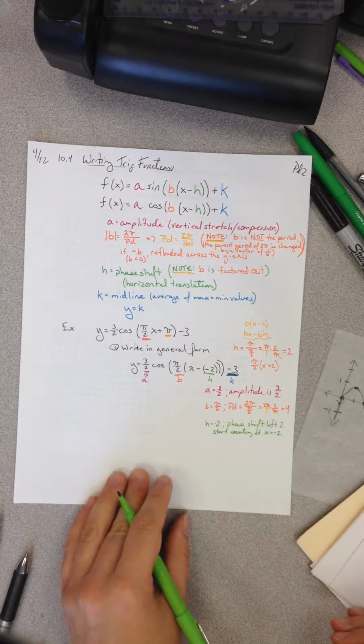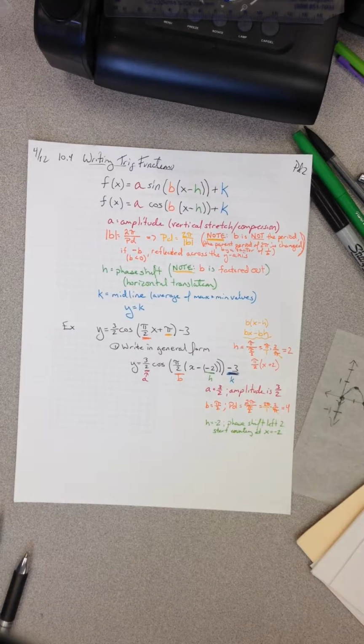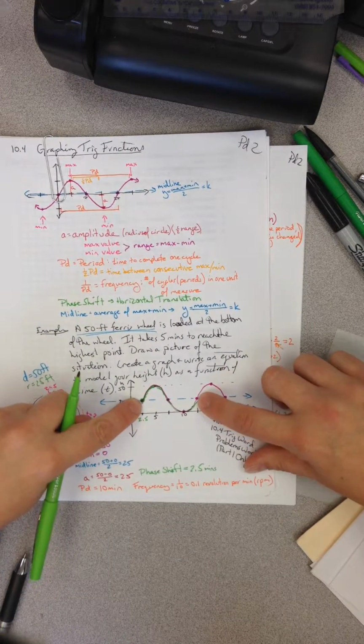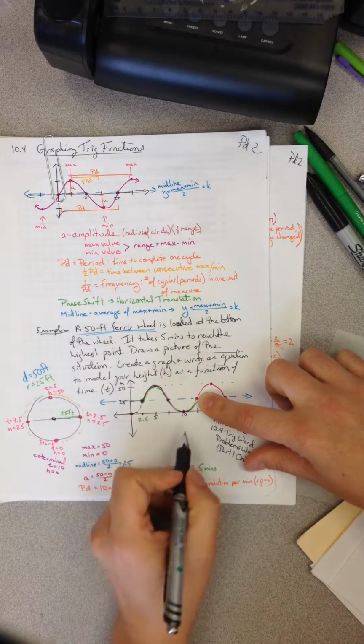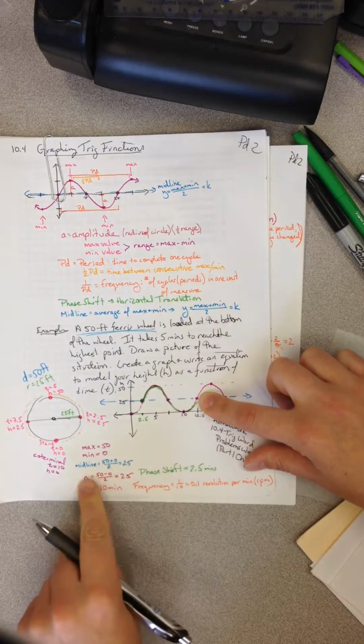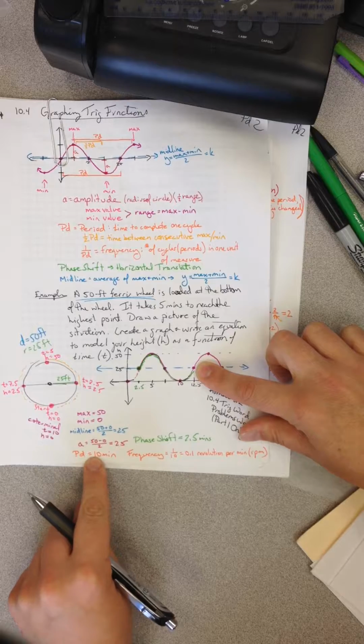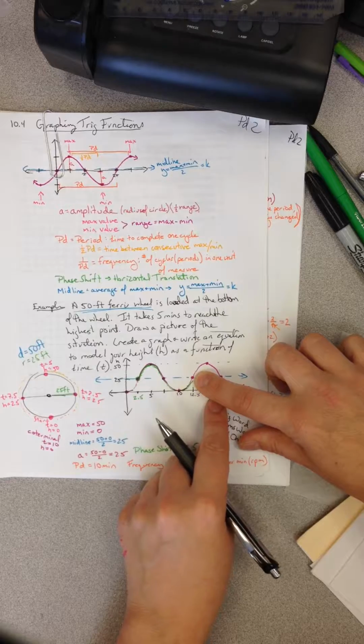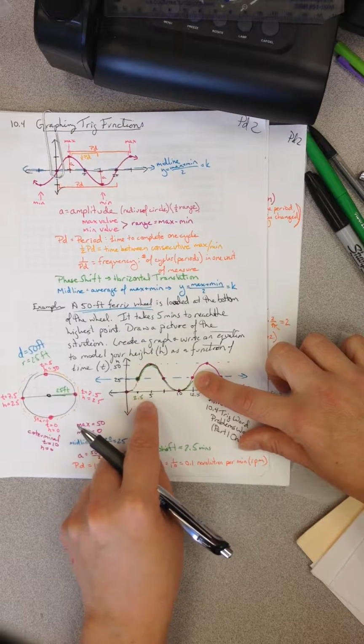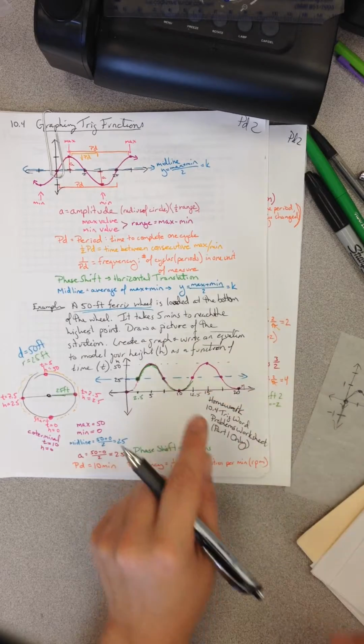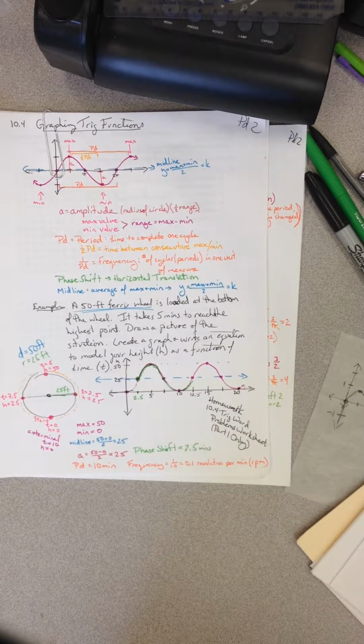And what do we count by? When we look at the intervals for our sine function graph, if you remember for the Ferris wheel problem, our period was 10 minutes. But we didn't count by tens. We counted by 2.5, which was the period divided into 4 equal intervals. Because if you think of your unit circle, important points, midline, max, midline, min, those happen at 1/4 of the period.